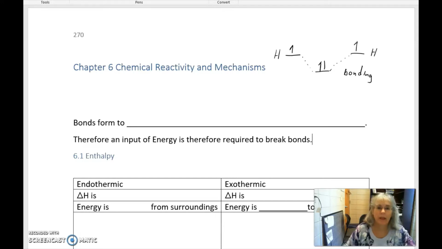So those two electrons, when we get into bonding, move into a lower energy state. And then up here we've got an empty non-bonding orbital. So bonds form to provide a lower energy state.